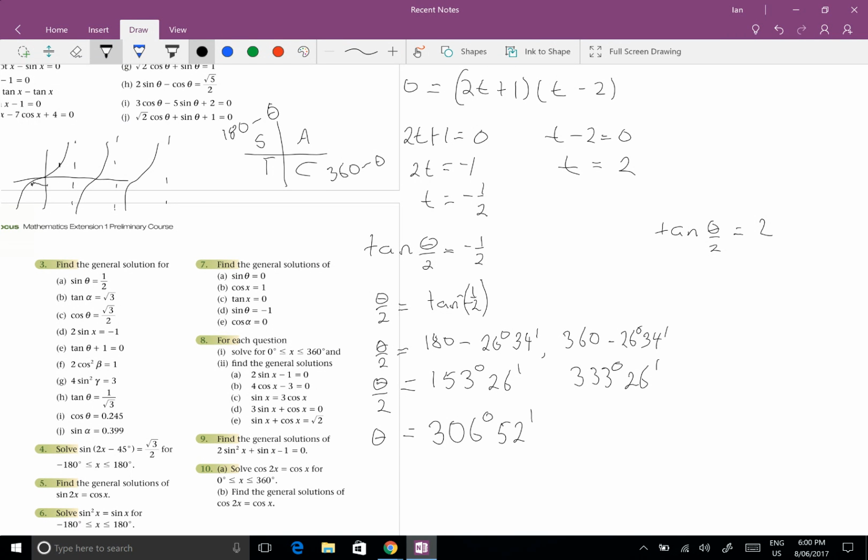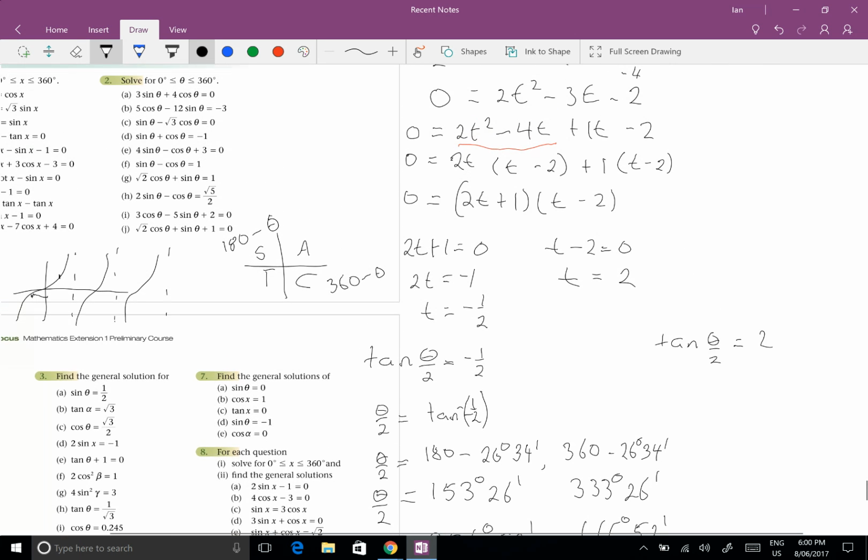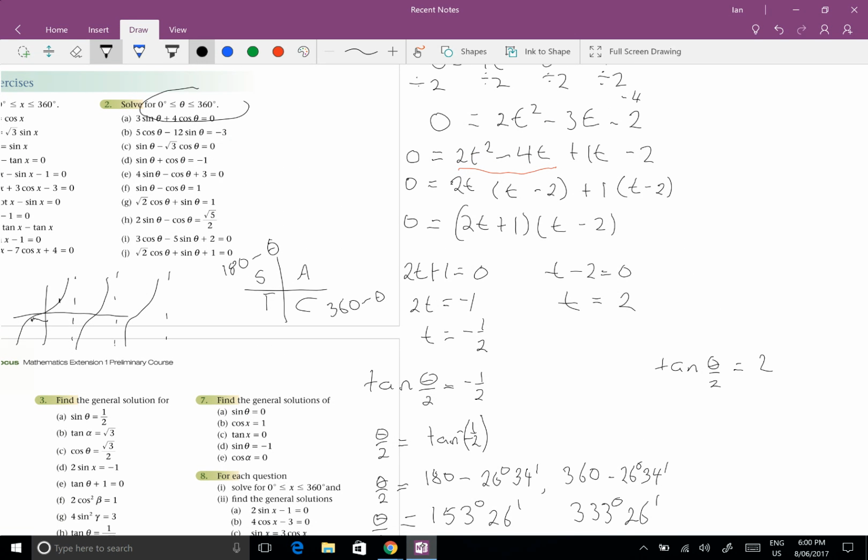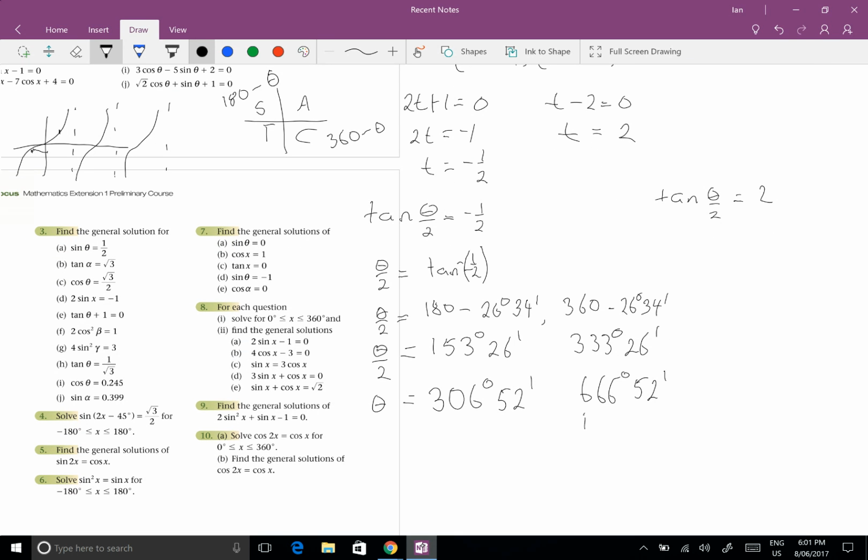If I take this other one and I double it, 333 degrees, 26 minutes, and I times it by 2, well, that gives me 666 degrees and 52 minutes. And that's way out of the domain because look up here, theta has to be between 0 and 360. So we can ignore this one. It's out of the domain. And our first answer is 306 degrees and 52 minutes.